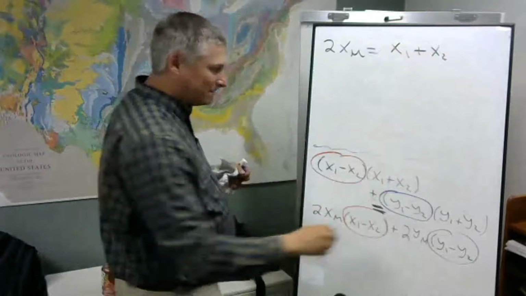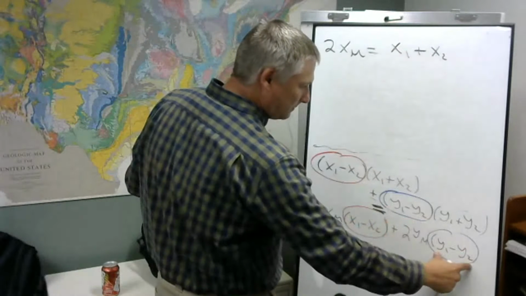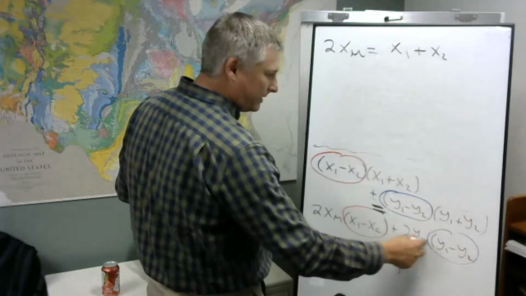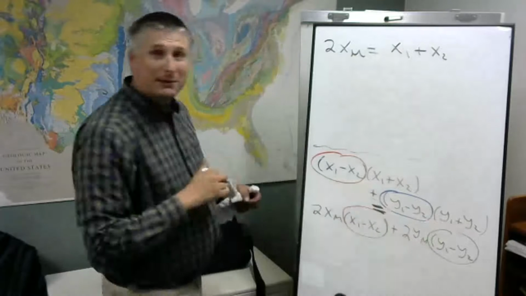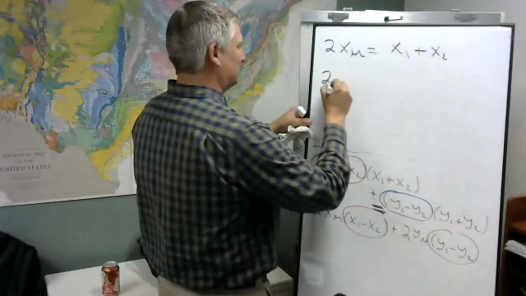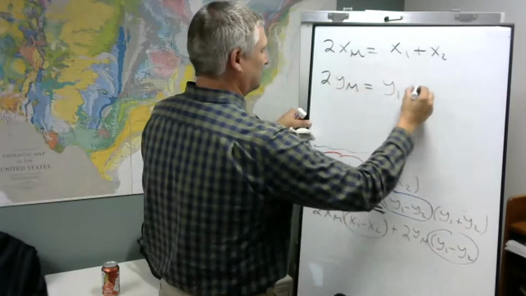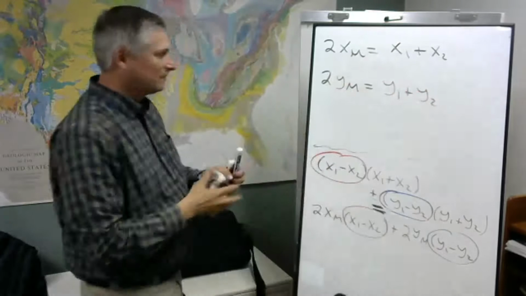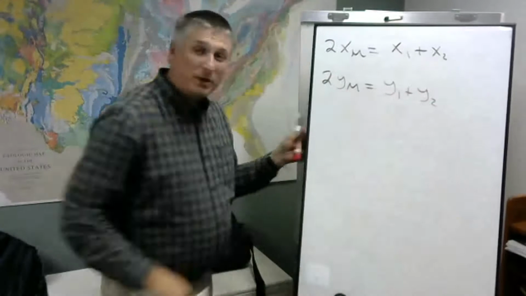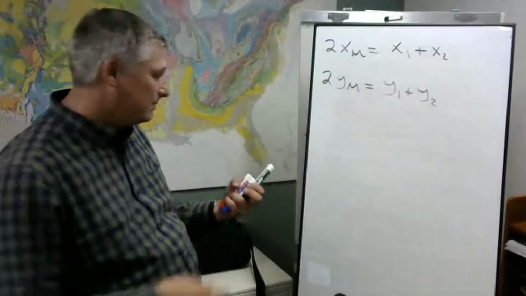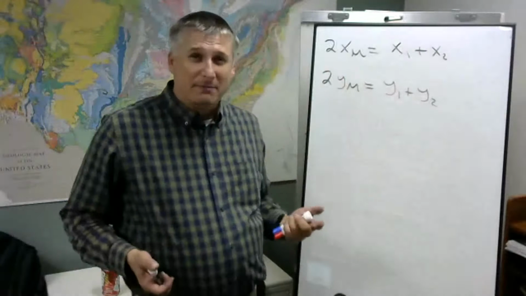Same thing with the y. y1 minus y2, y1 minus y2, 2ym, but this is a y1 plus y2. These two have to be equal. And so now we can solve for xm and ym, and we're actually going to get what these coordinates are of that midpoint.